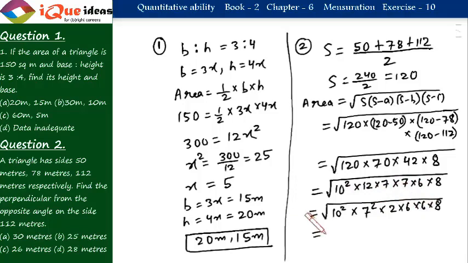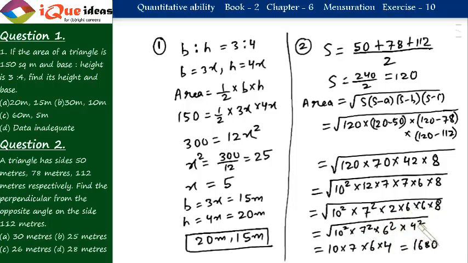So this whole thing becomes 10 square into 7 square into 6 square into 2 into 8. 2 into 8 is 16 and that is 4 square. So if you take the square root now, it will be 10 into 7 into 6 into 4. 7 sixes are 42, into 4, 1680. So 1680 meter square is the area of the triangle.